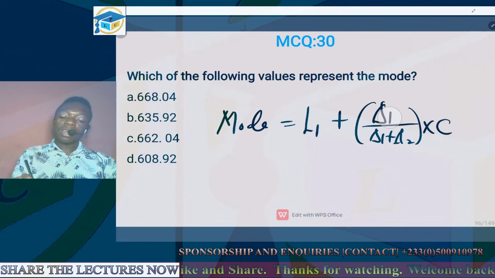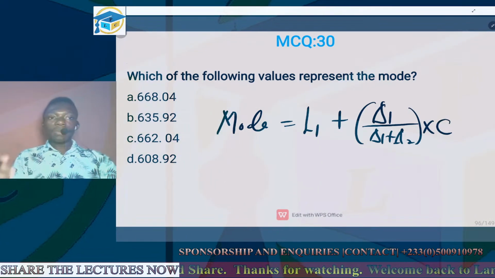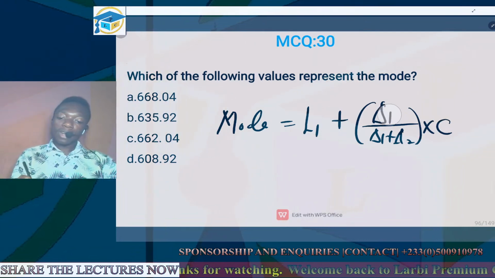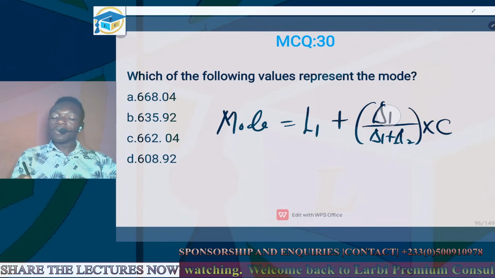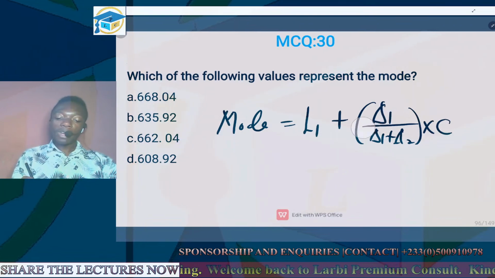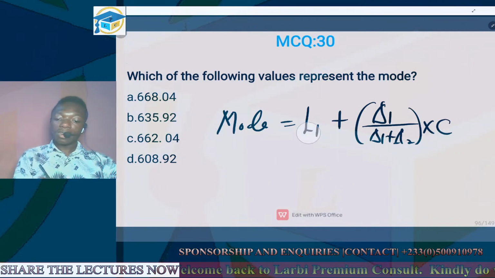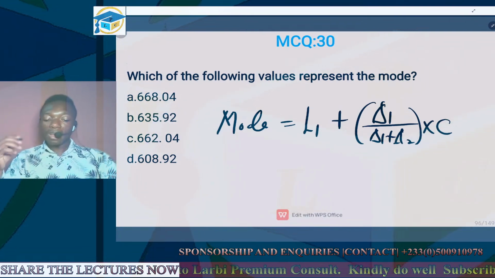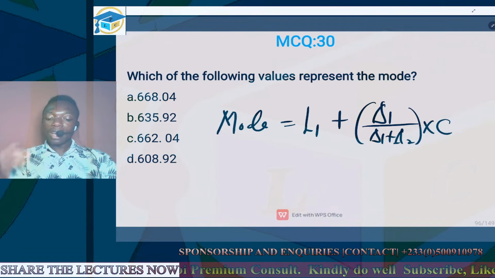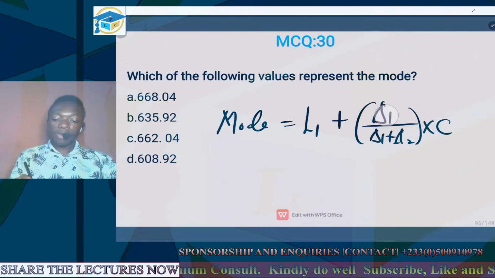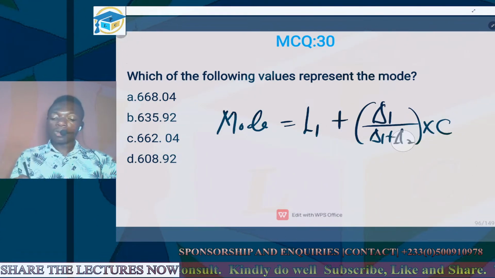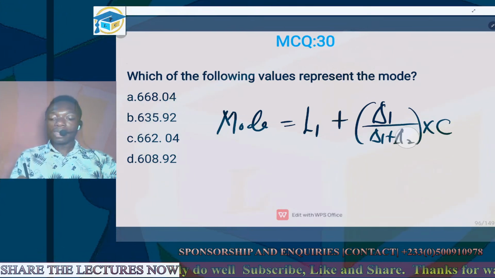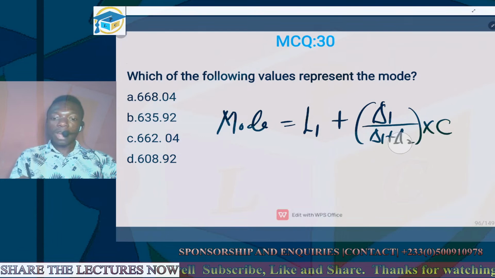For triangle 1, in some tests, I will explain the two approaches. In some tests, they will tell you that triangle 1 is the cumulative frequencies that come before the modal frequency, and triangle 2 is the cumulative frequencies that come after the modal frequency.